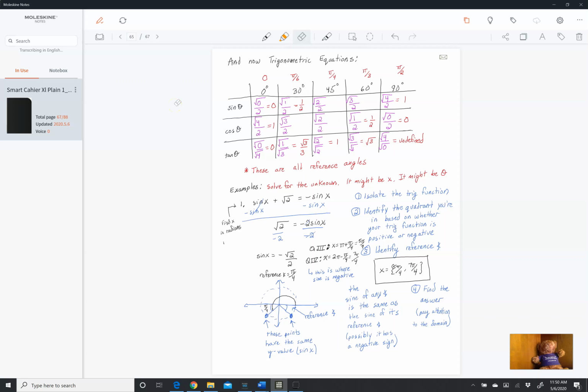The domain, we're going to say, is in the interval 0 to 2 pi. Okay. So in other words, we're just going around the circle once. We're not going around the circle an infinite number of times.